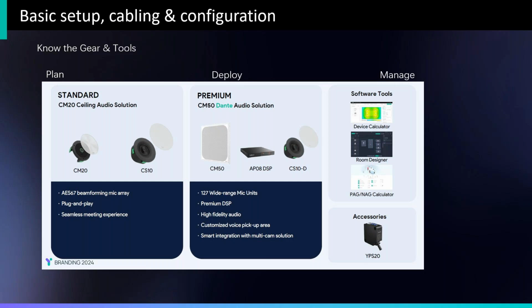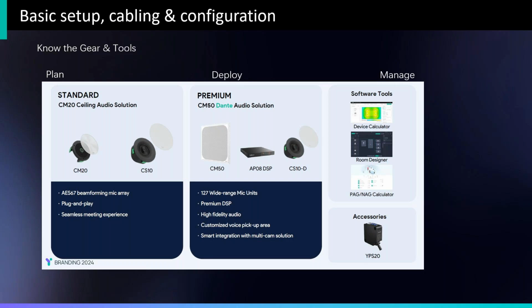They come with software tools that we can use to scope and configure the room, and also accessories built around them, like the YPS20, which is the sensor for the divisible room that automatically opens or separates the room, depending on whether the dividing door is opened or closed.